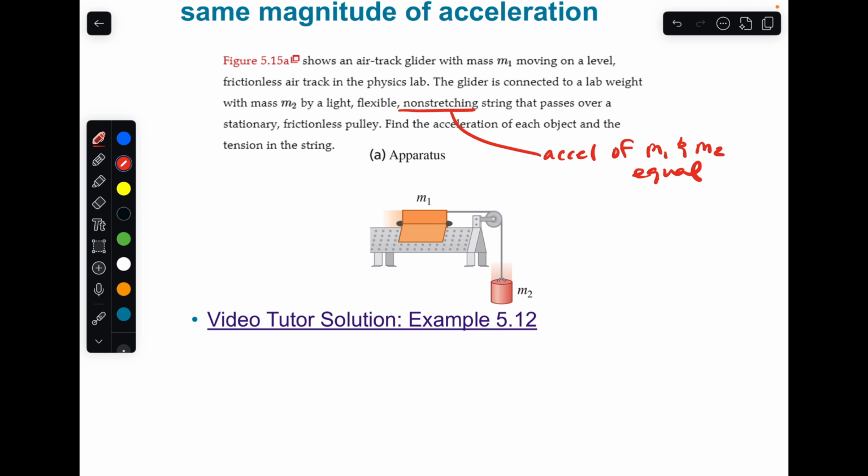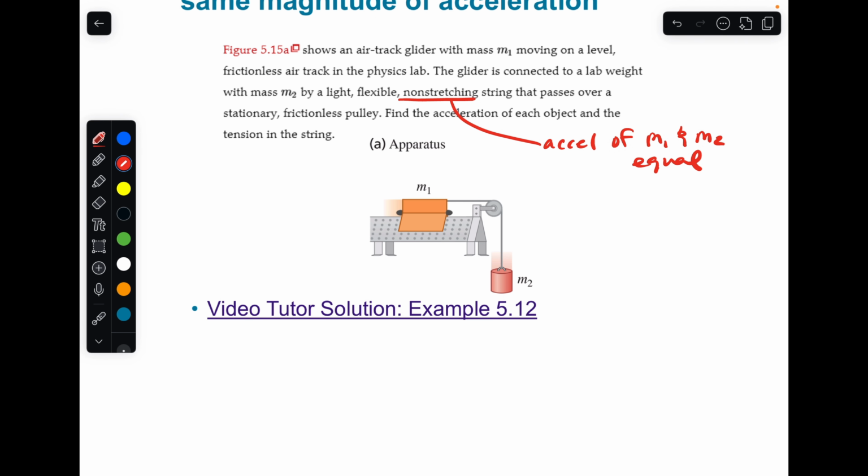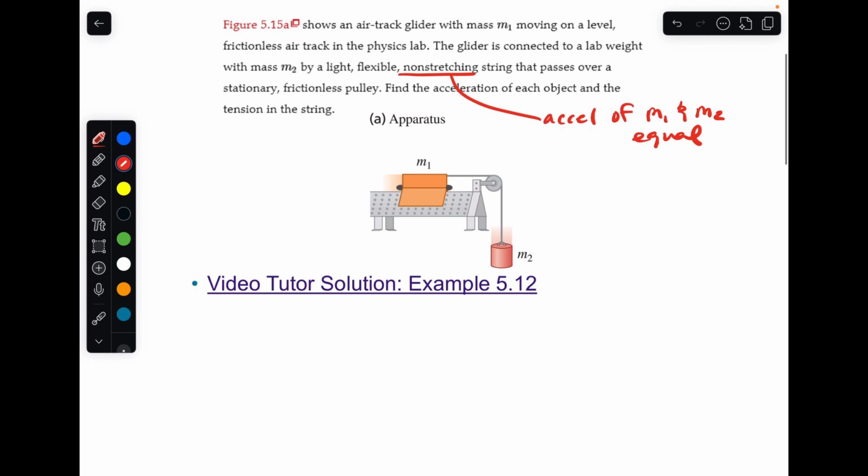So what we need to do is find the acceleration of those objects and then the tension in the string. We're going to break it down just like we did in the previous example. We're going to draw the free body diagram of both objects. This is the glider, and then this is the free body diagram of the mass. So let's look at the glider.